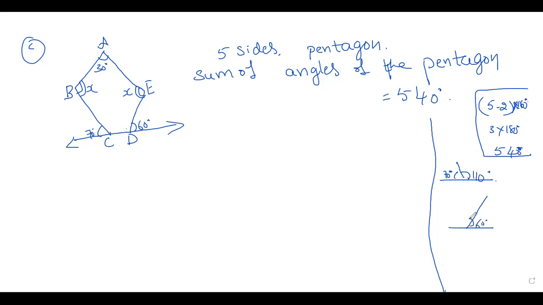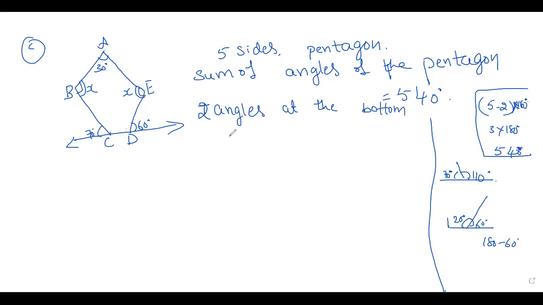Sixty degree, and 180 minus 60 is 120. So that is 120. Right here, two angles at the bottom.